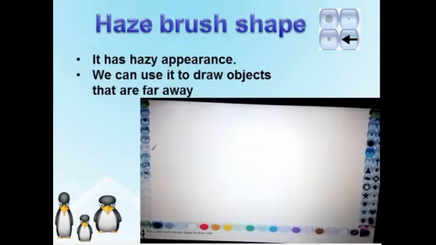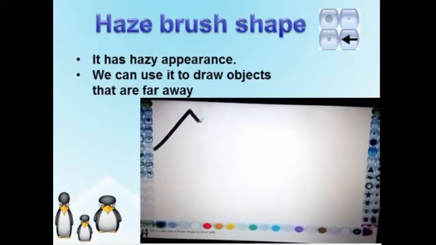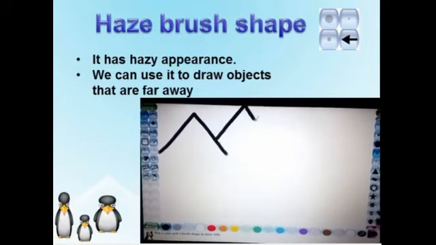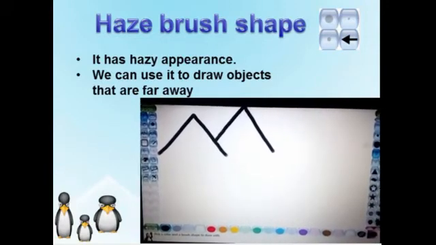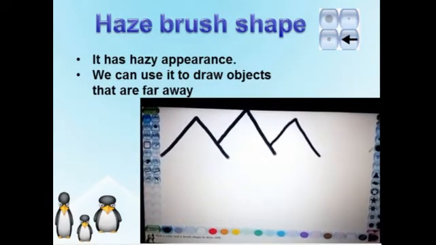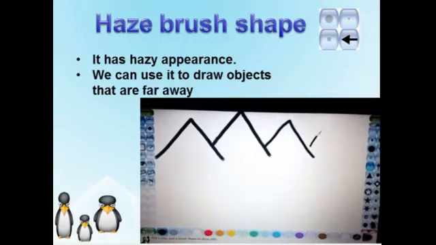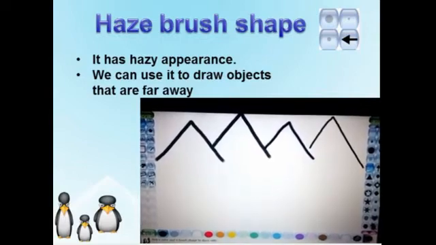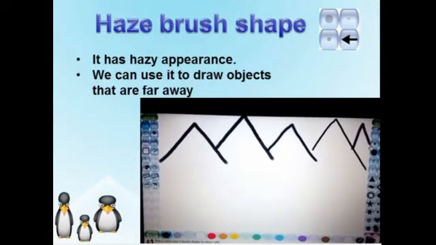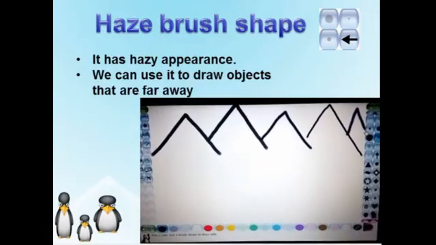It has a hazy appearance. We can use it to draw objects that are far away. Like you are observing here, we are making a mountain in the scenery with the help of the haze brush shape.